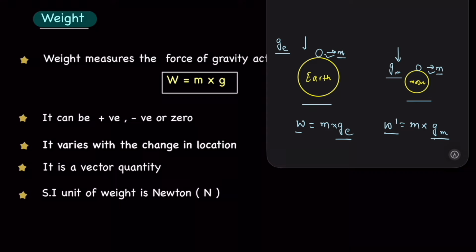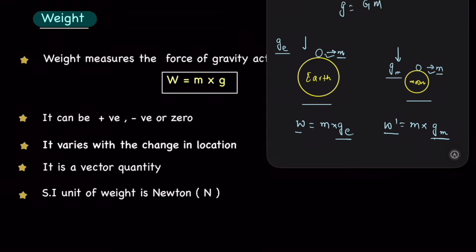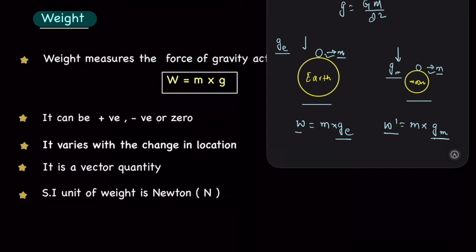Why is it changing? Remember previously we derived a formula: small g is equal to capital G M by d square. Here G is constant, but the mass of the earth and the mass of the moon are different, and their radii are also different. So acceleration due to gravity on earth will not be equal to that on the moon.